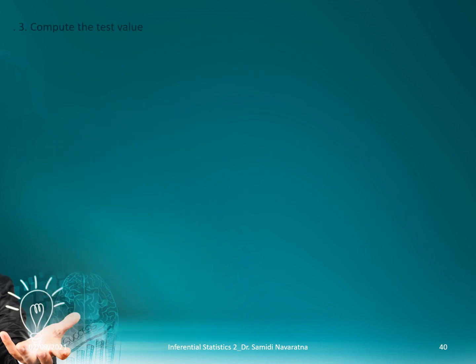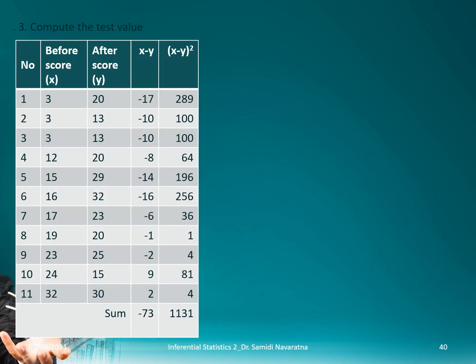Right. So moving on, the next step is to compute the test value. For that, we need to do some initial calculations. We can add another column and find out the difference between the two scores, the before score and the after score, and then square the differences.